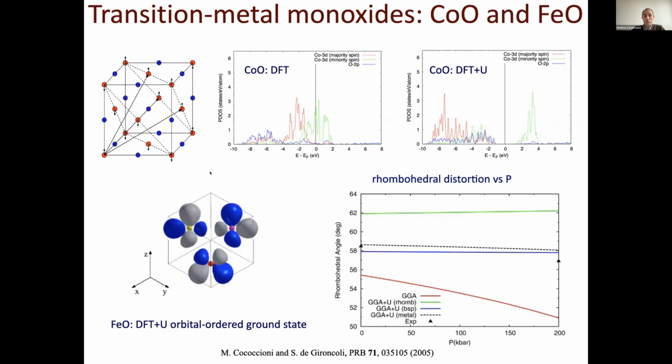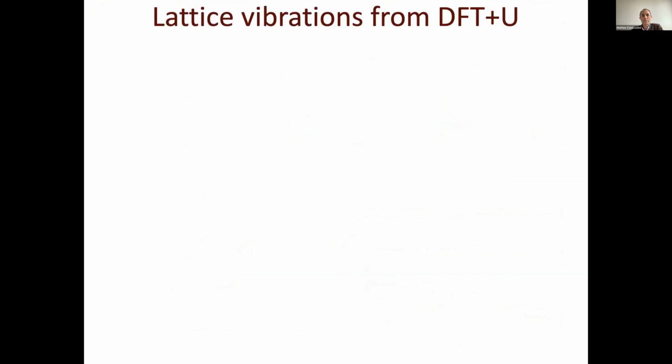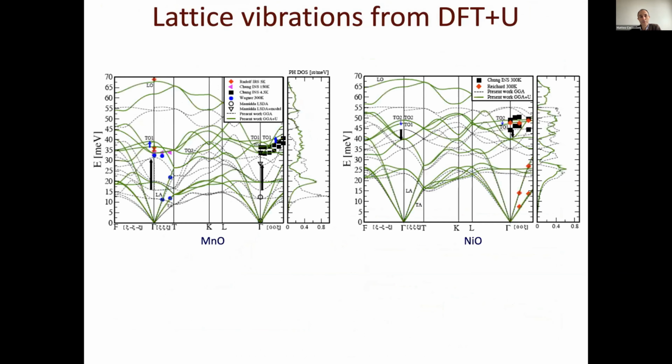You will see also iron oxide this afternoon, but not in the orbitally ordered phase, because it has a fairly bigger unit cell, and that makes a calculation too expensive for us to run in the hands-on section. You will also hear later on about the effect of the Hubbard correction on lattice vibration from Andrea Floris.